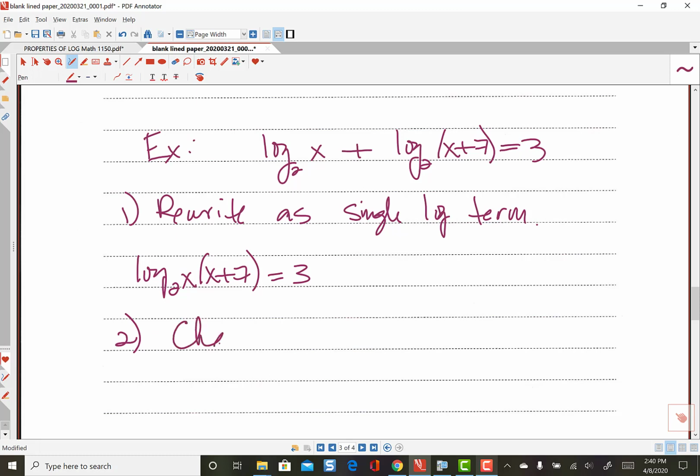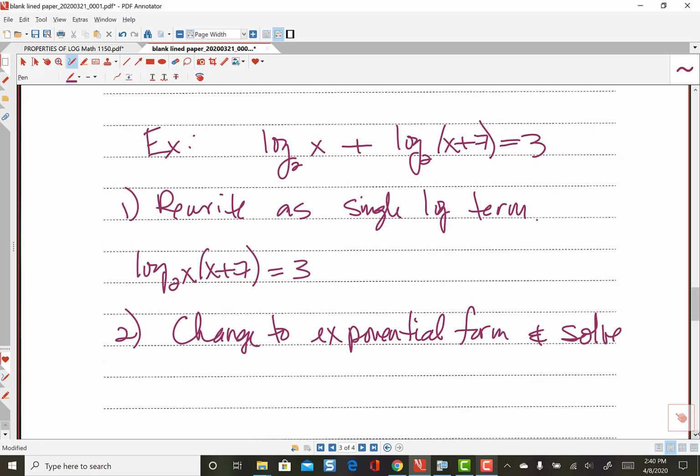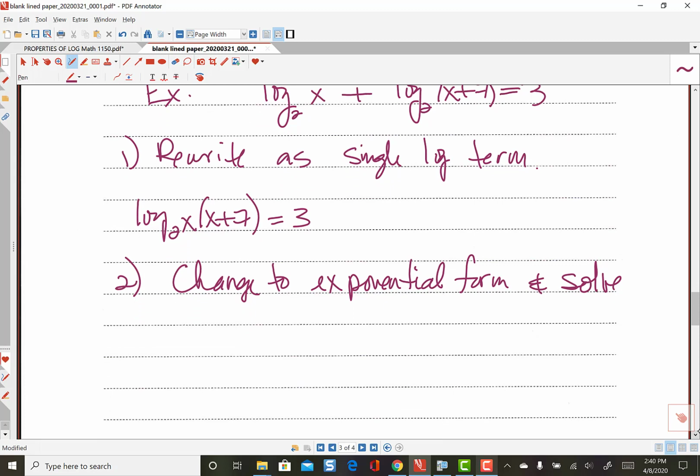What we're going to do now is change to exponential form and solve. So that means I would have my base raised to this power. So 2 to the 3rd power is equal to x times x plus 7.